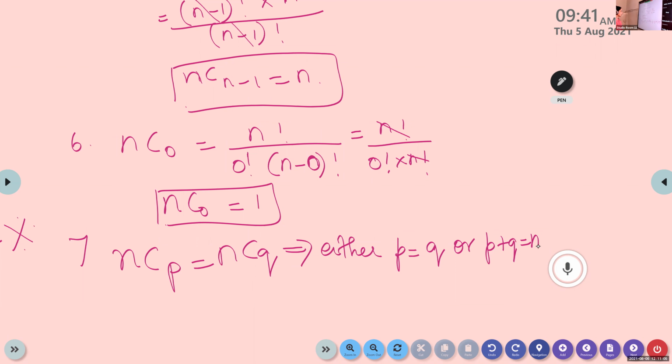Okay, children, is it okay? The seventh property is very important. nCp is equal to nCq implies either p is equal to q or p plus q is equal to n.